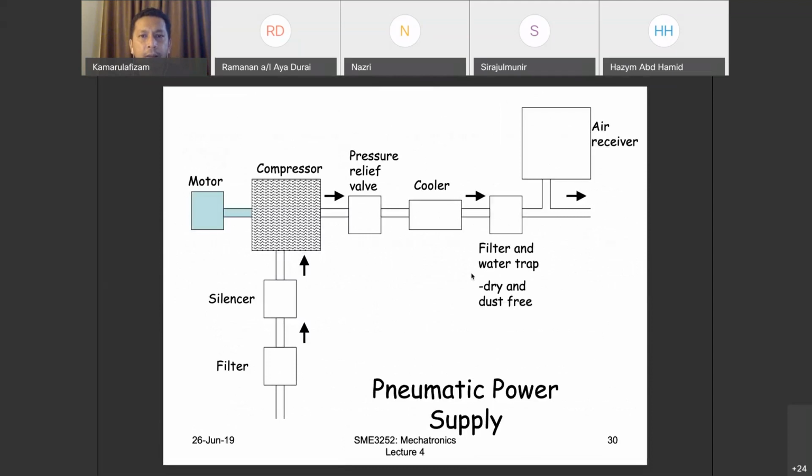Okay. This is sama juga. The basic is still there, cuma dia ada silencer sebab air compressor ni biasa bising. Okay, compressor benda yang dah tengok, pressure relief valve kalau ada pressure terlebih, cooler again, benda-benda fluid kalau you compress, temperature akan naik.